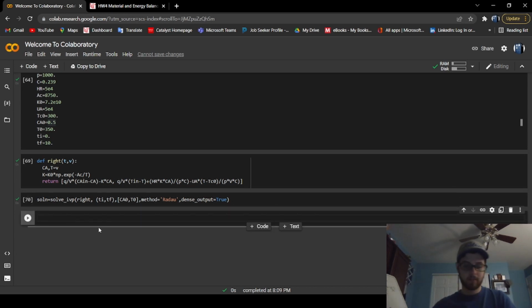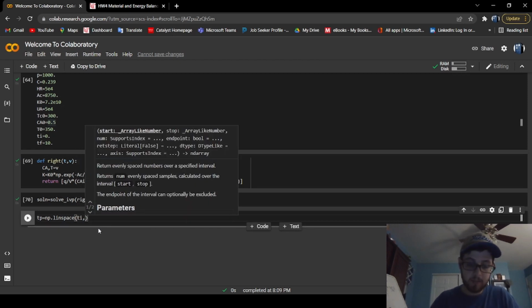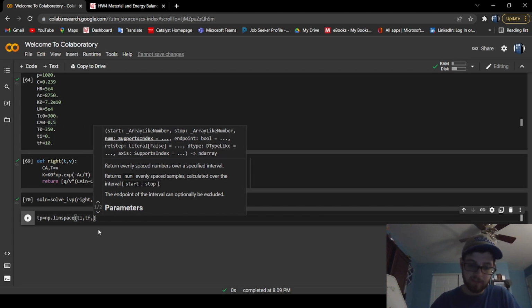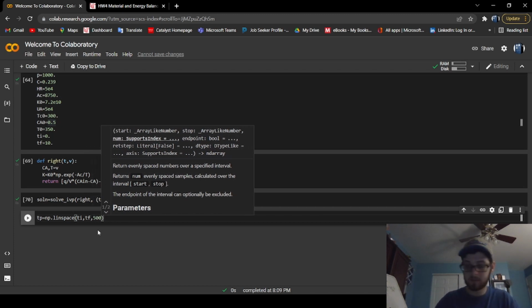Okay, and the next thing we need to do is make a t-plot, which is equal to numpy linspace, and that is ti, or initial time to final time, and 500 data points.